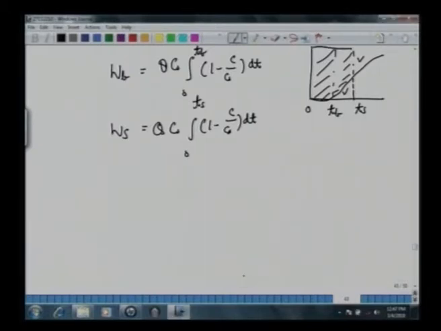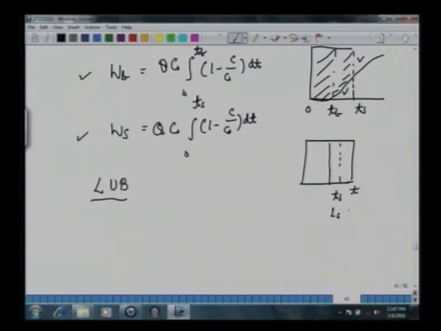Once we are convinced this is WB and WS, one should go back and calculate LUB, the length of unused bed. We said this is the length of unused bed, from LS to the final L. So LUB, going from the same definitions, was L minus LS, the total column minus LS, with the same cross sectional area.